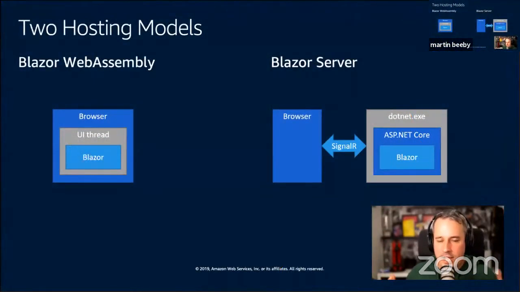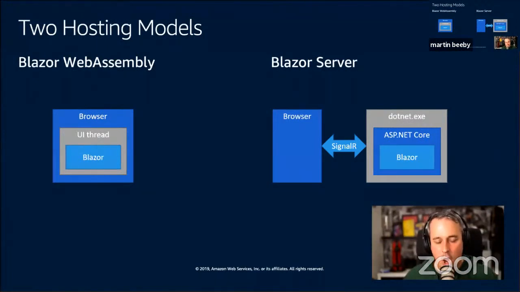It's got WebAssembly and it's got a thing called Blazor Server. Now, Blazor Server is interesting, but it basically requires a server running in the background, which can generate UI. So the browser doesn't have to have any capabilities particularly.